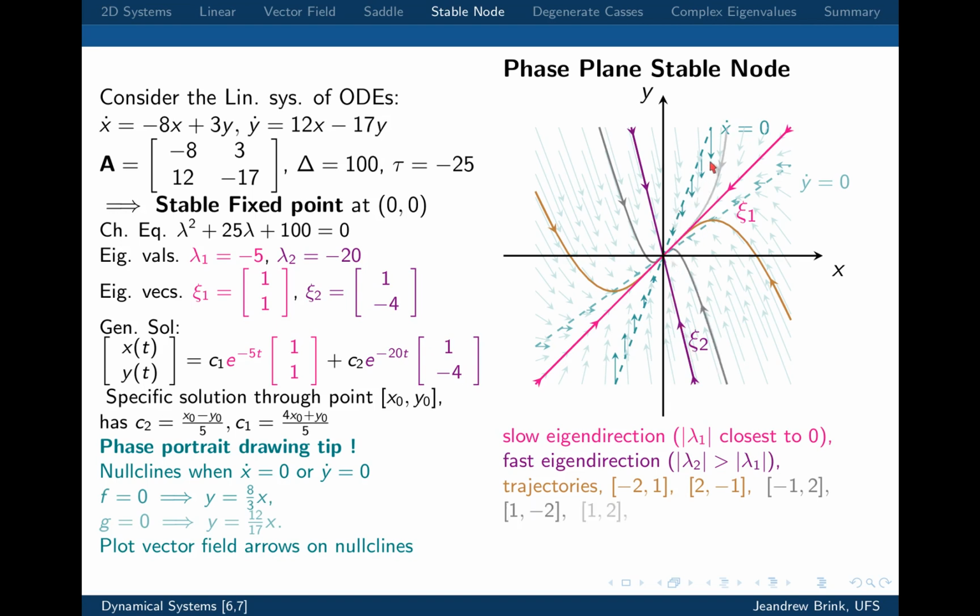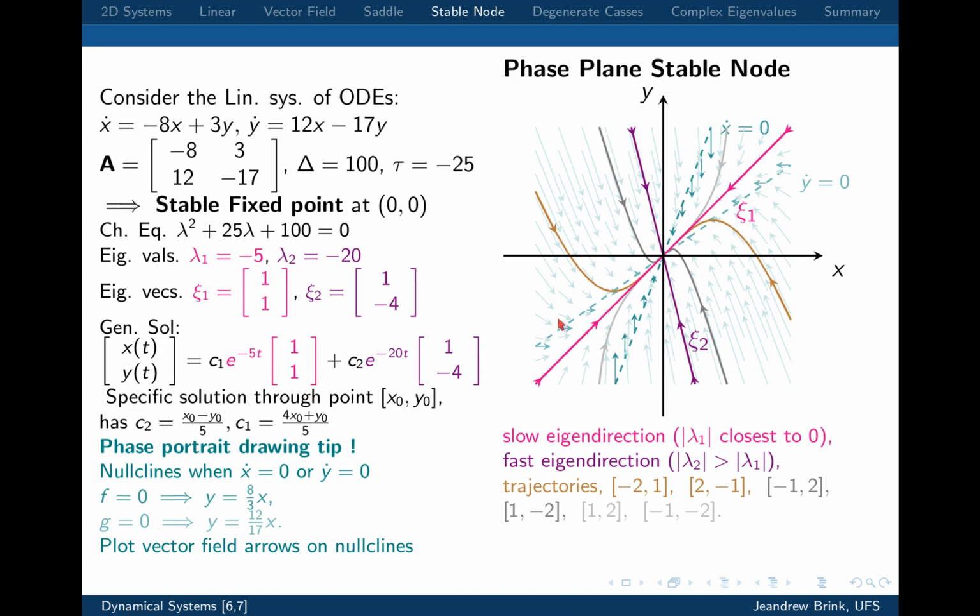From this other side, it's once again parallel to the fast eigendirection, even though you're far away from it, until eventually you hit the slow eigendirection, and then you approach the origin. So you can almost immediately draw what the trajectories are going to look like, once again without solving them, simply by observing that when it starts, it's parallel to the fast eigendirection. When time gets large, it approaches the origin via the slow eigendirection.